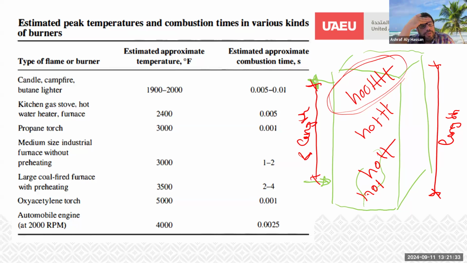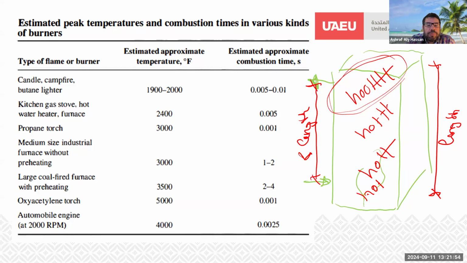In this table, we can see estimated peak temperature and combustion times in various kinds of burners. So we can see the candle. The candle goes from 1900 to 2000 Fahrenheit, and the combustion time is 0.005 to 0.01 seconds. Kitchen stove, 0.005.